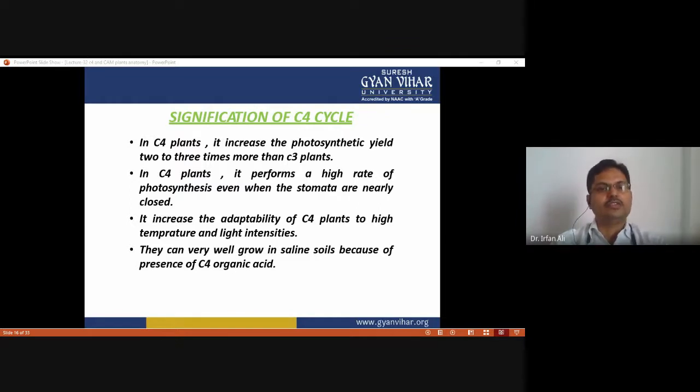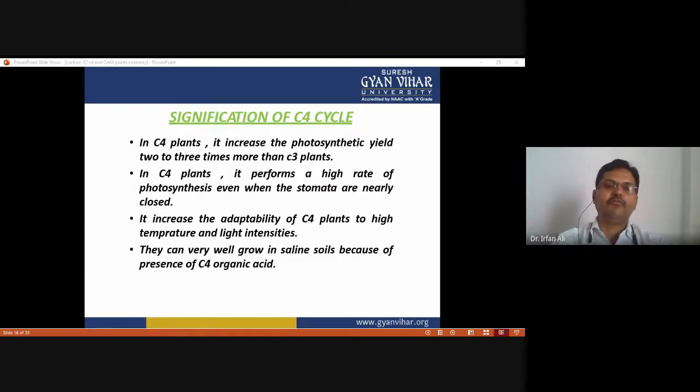So it increases the adaptability of C4 plants to high temperature and light intensity. Because during high temperature or high light intensity the stomata are closed, but the plant has already stored carbon dioxide in the form of malic acid. So there is no problem. That's why it can sustain high temperature and high light intensity, and photosynthesis continues even at 45 degrees Celsius.